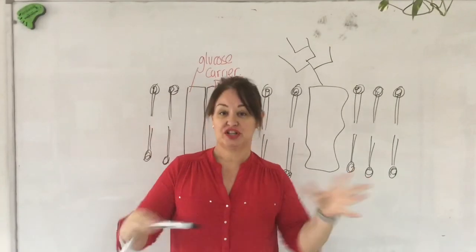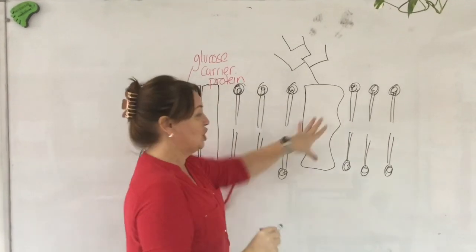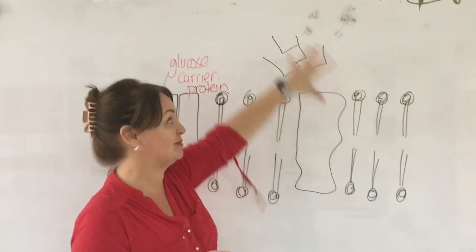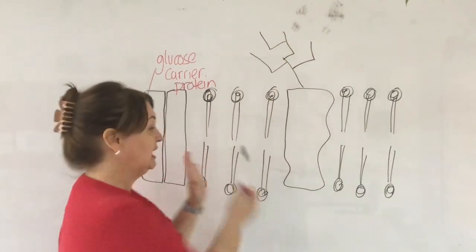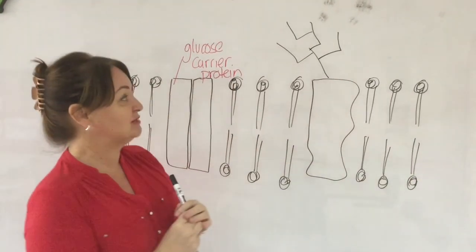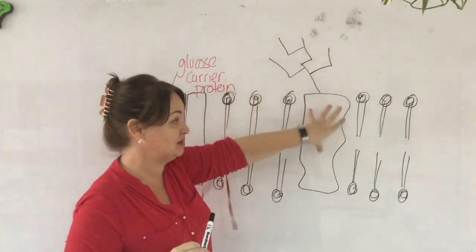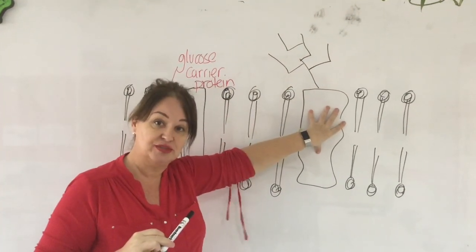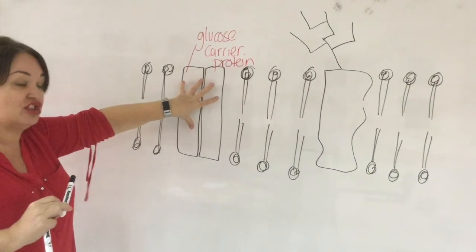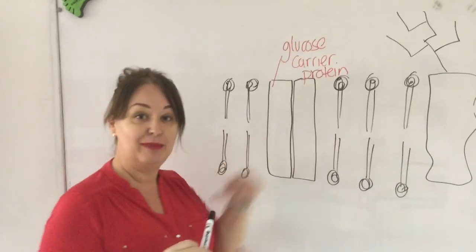So let's have a look at our insulin receptor on the plasma membrane of the cell surface. We've got our protein and we've got our carbohydrate component, which makes this our glycoprotein, amongst our phospholipid bilayer. And basically, when the hormone insulin comes along and interacts with this protein, it causes several changes. One of them is it affects the shape of other proteins in the membrane.